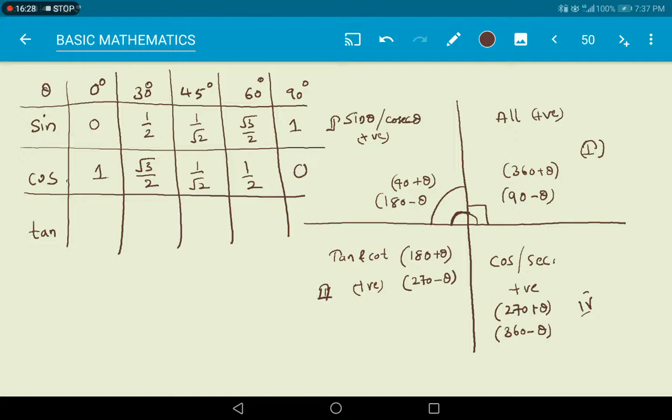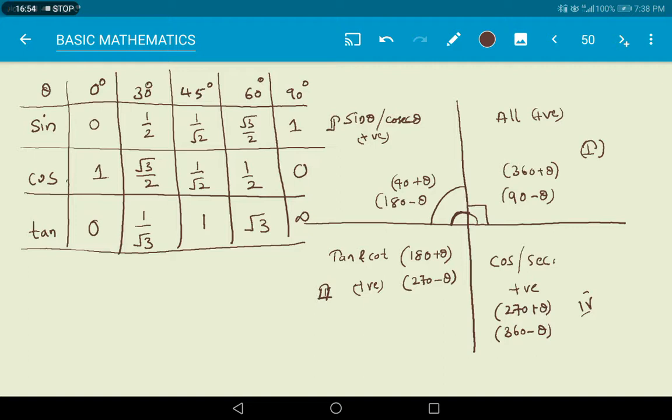Next, if we do sine by cos, we get tan: tan 0 is 0, tan 30 is 1 by root 3, tan 45 is 1, tan 60 is root 3, tan 90 is infinity. If you want the remaining values like cosecant theta, secant theta and cot theta, you have to invert these values.